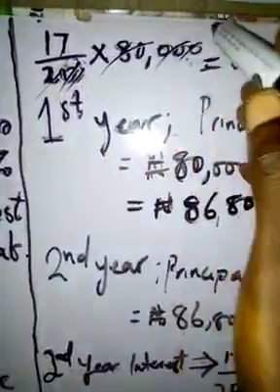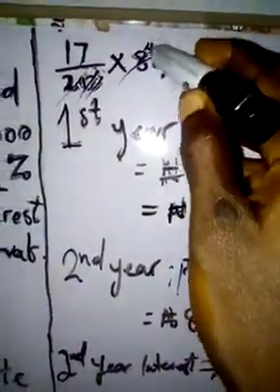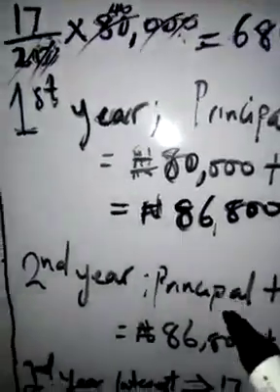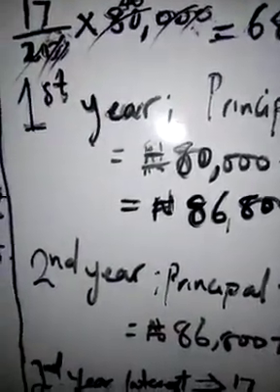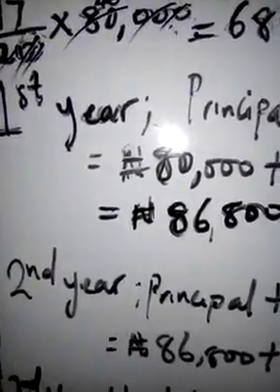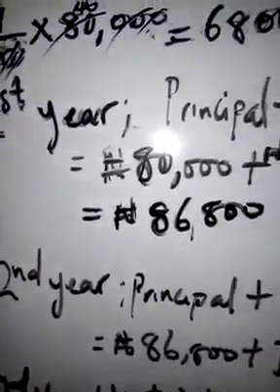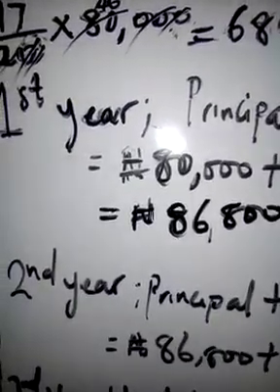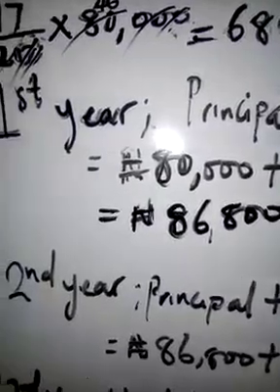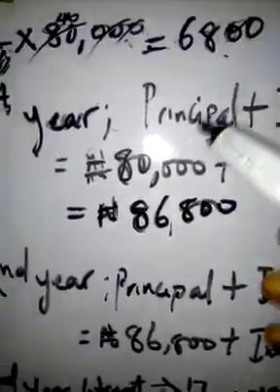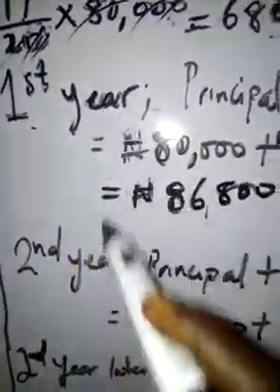So this one will be 40, so that will be 17 times 400. That will be 6,800. So 6,800 is the interest for the first year.